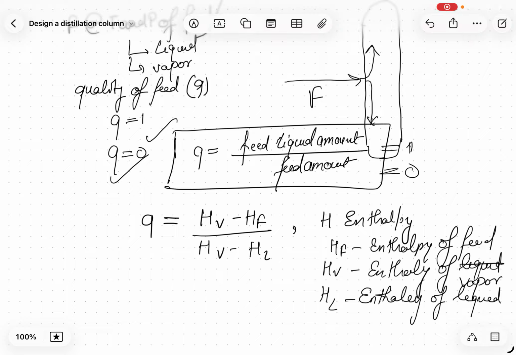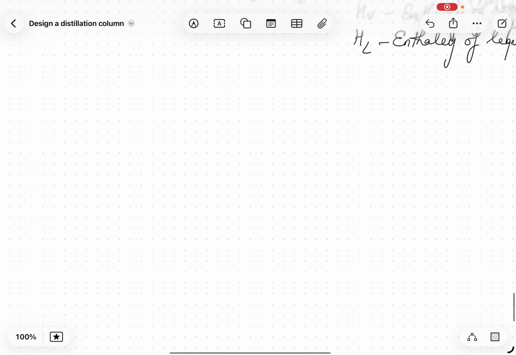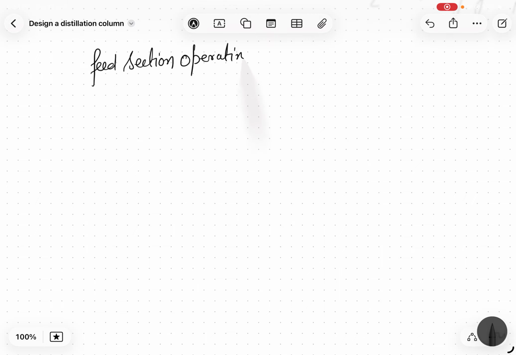Now let's also determine the operating line of the feed section, because we also need to figure out where our feed section will lie on the curve so that we can find where it intersects with the line of the top section, that is the rectifying section.